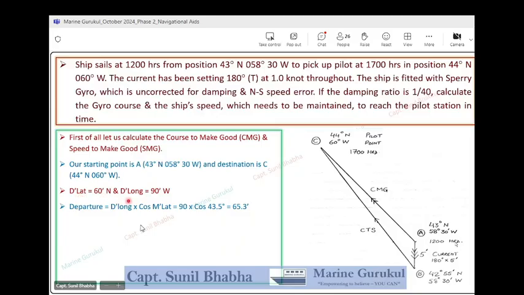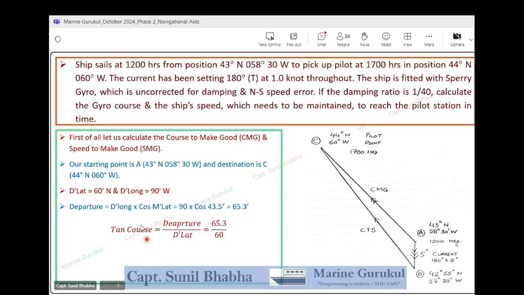Now we have the D-lat, we have the D-long. We can calculate the departure. Departure is equal to D-long into cos of mean lat. D-long is 90 minutes. Mean lat between position A and position C will be 43 degrees 30 minutes or 43.5. So 90 into cos of 43.5 gives us the departure of 65.3 minutes.